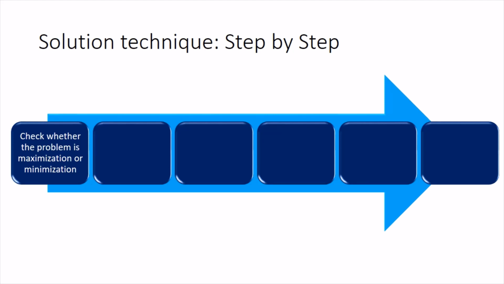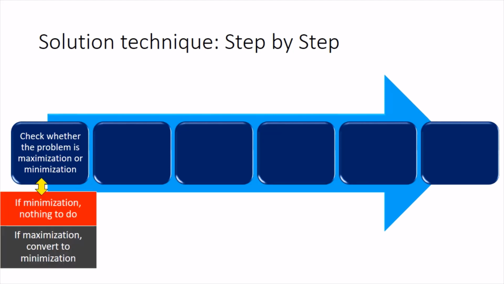If cost price is given, cost needs to be minimized. So if the problem is already a minimization problem, then nothing to do at this step. However, if it is a maximization problem, then we need to convert it to minimization first. So suppose you now have a problem of minimization type, or converted to minimization type, then go to the next step.